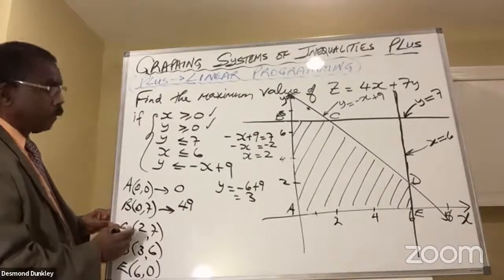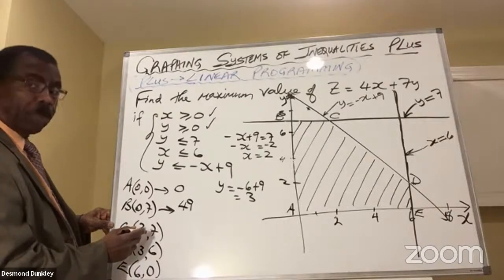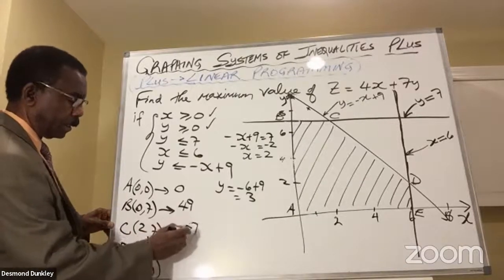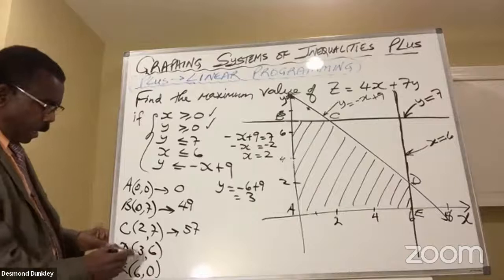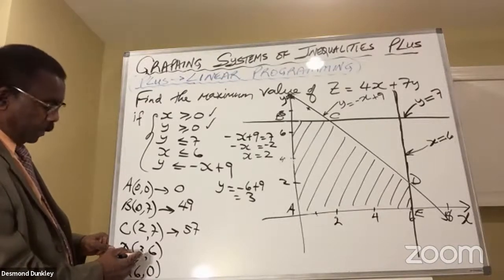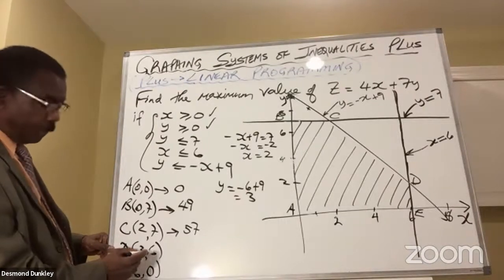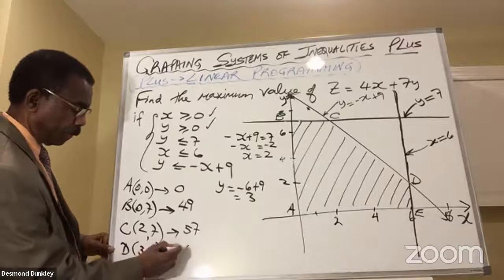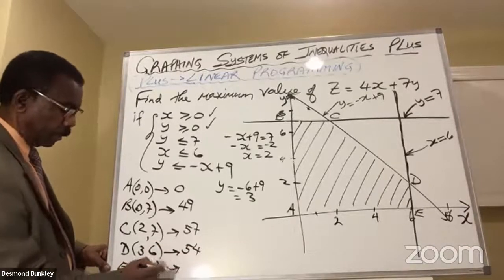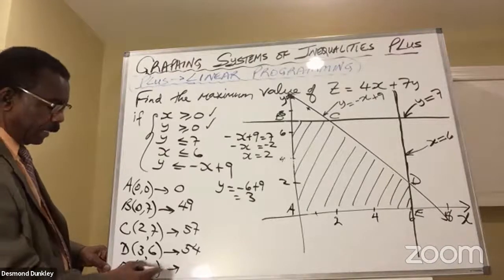According to this one, 4 times 2 is 8, 7 times 7 is 49, and we're getting 57. According to this one, 4 times 3 is 12, 7 times 6 is 42, 42 plus 12 is 54. And according to this one, 4 times 6 is 24, 7 times 0 is 0.